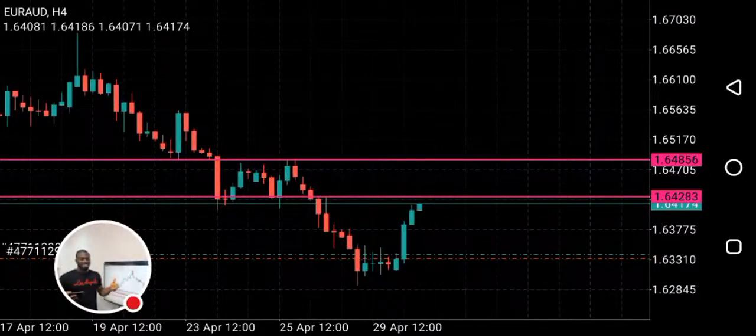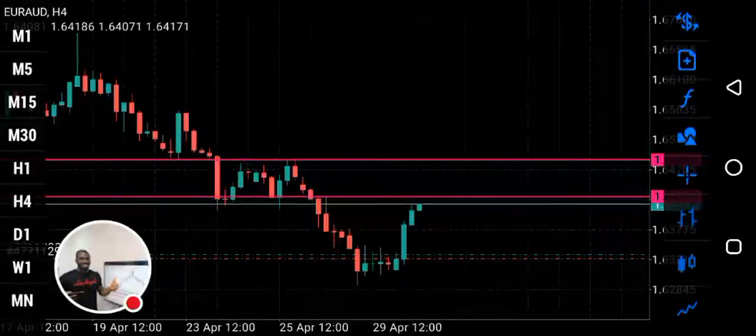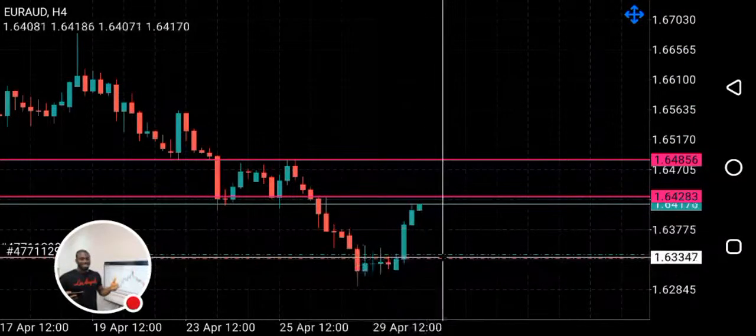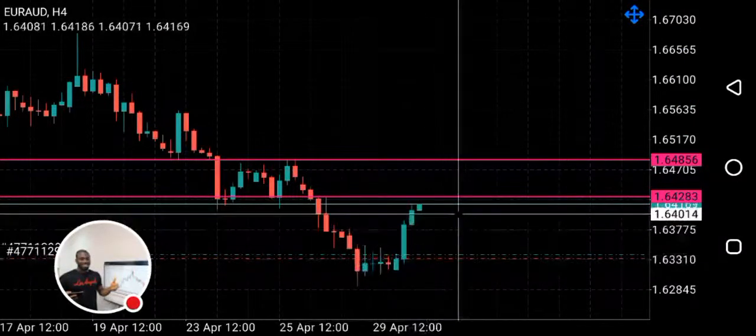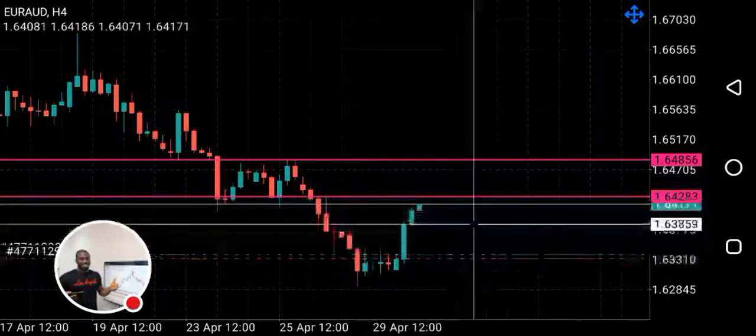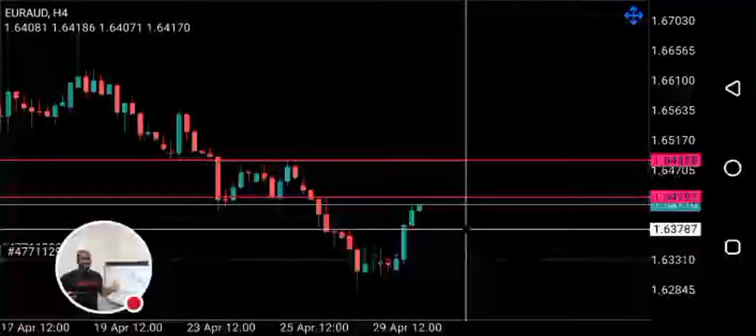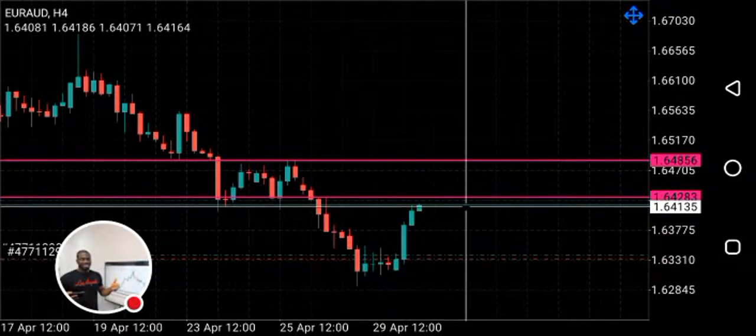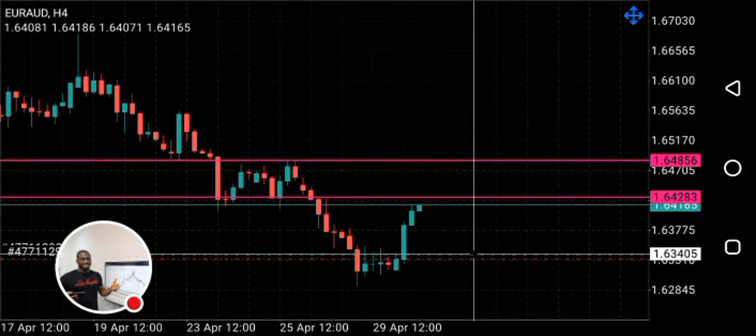After this session, I'll reduce the risk further, probably adjust it to my entry level, so that if price pulls back from this point, I wouldn't lose on this trade. But definitely, I would not wait for price to pull back to this level before I close it.